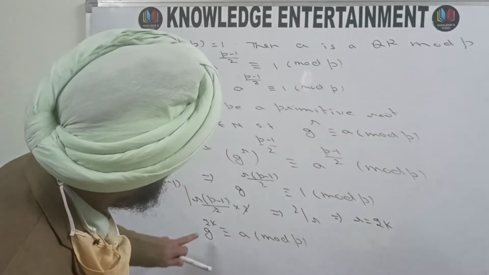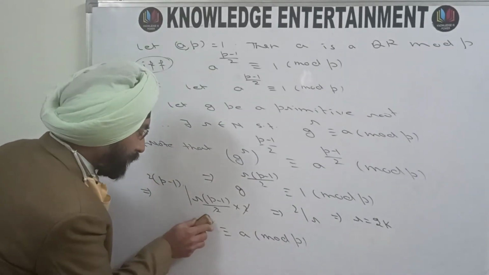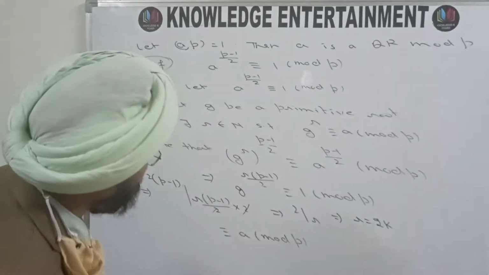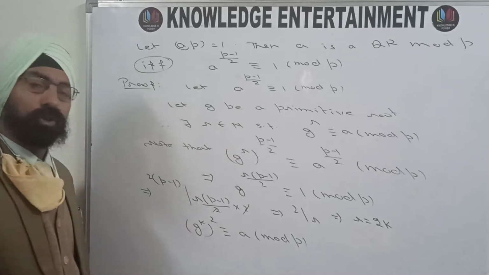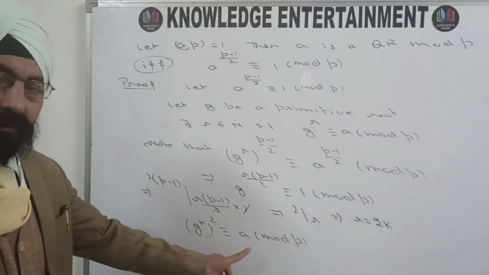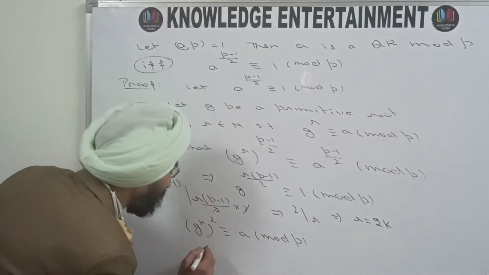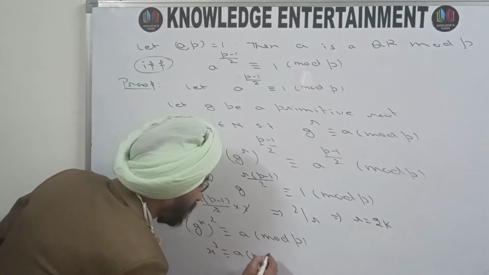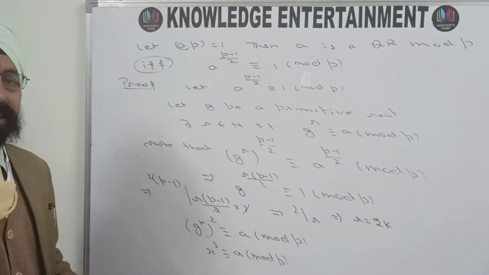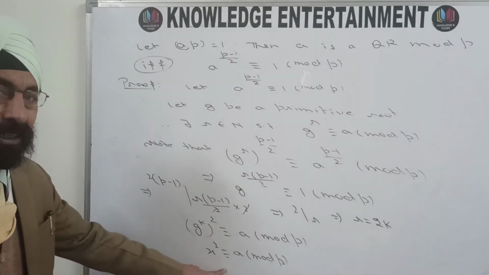Once again, this g^(2k) can be written as (g^k) squared is congruent to a modulo p. From here you can easily derive that x squared congruent to a modulo p has a solution. This equation has a solution, and what is the solution?